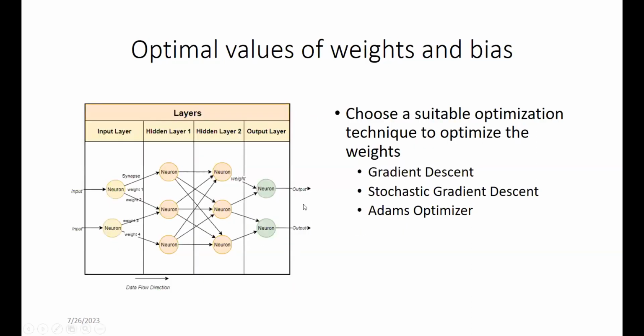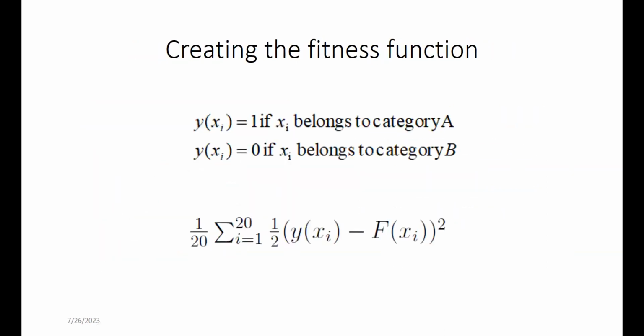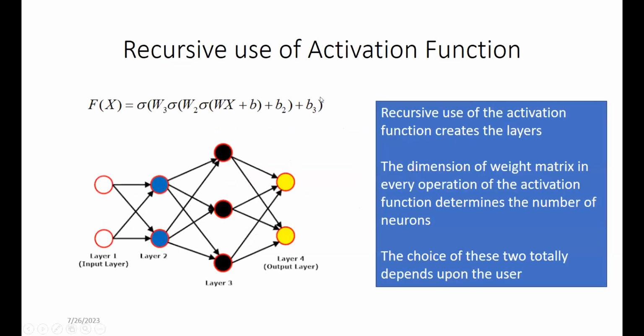And once you minimize, suppose I use the Adam optimizer, it will minimize it and it will yield the values of weight matrices and the bias vector. And then everything will be known to us. And once the weight matrix and bias are known to us, then this entire expression is explicitly known to us. There is nothing unknown except x.